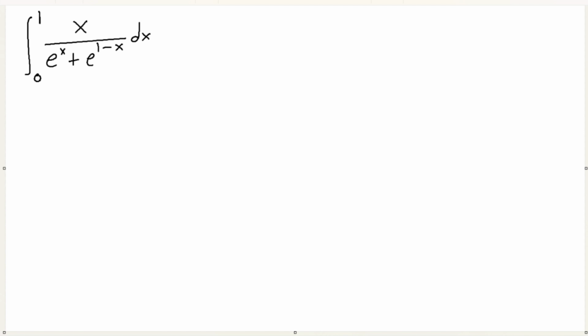Alright, our first King's Rule manipulation integral. So what do we do here? Of course we see 1 minus x out of nowhere, so there's suspicion that we're going to do King's Rule. When we do u equals 1 minus x, we get 1 minus x here, but these don't change the denominator because addition is commutative.